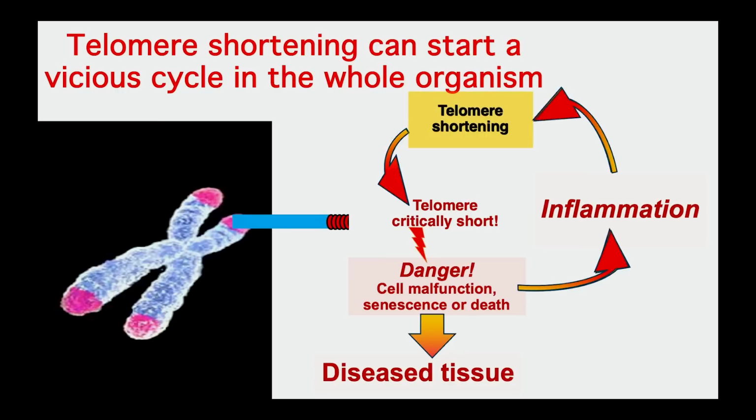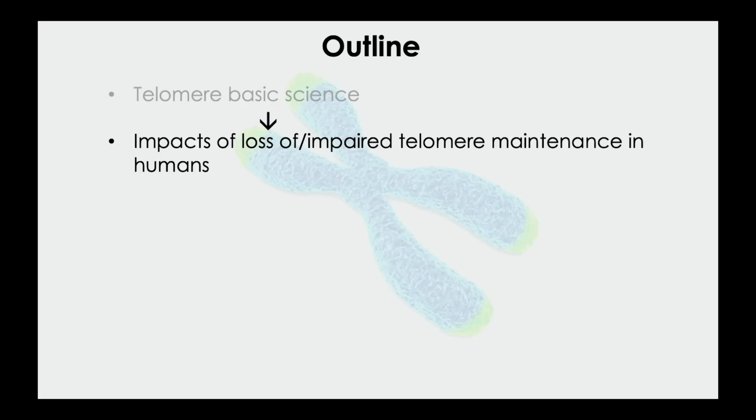So you can set up a vicious cycle here. And inflammation, as we know, also can have deleterious effects. So I'm giving a very sort of simplified overview of much more complex physiological processes. So, knowing all of this, does it matter, this gradual shortening that one observes overall in telomeres in humans?